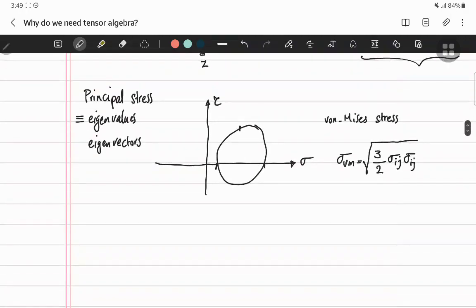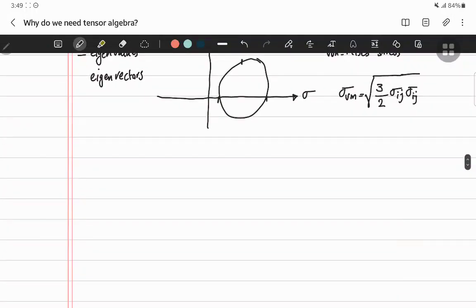Or in the next module, which is the video that starts right after this video, we will discuss the concept of strain and the mathematical formulation of strain. So you have, for example, the material derivative here.